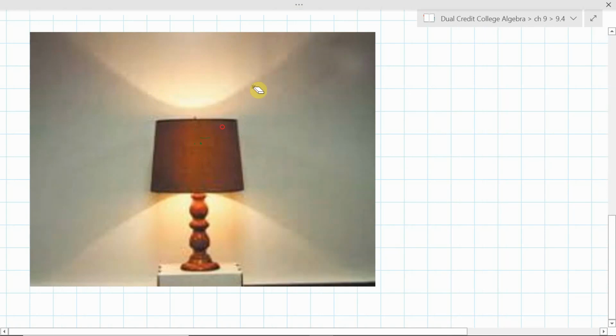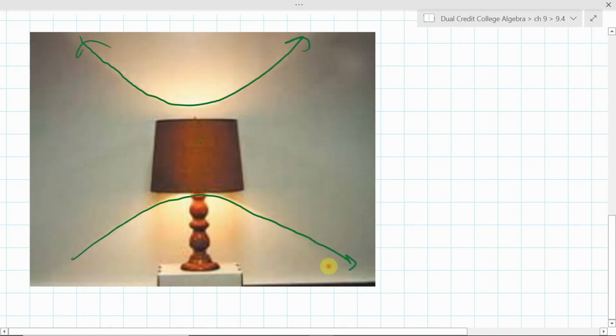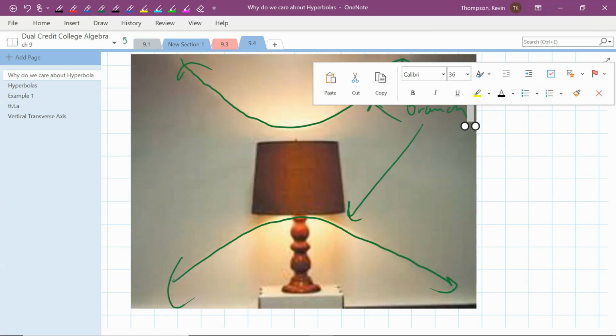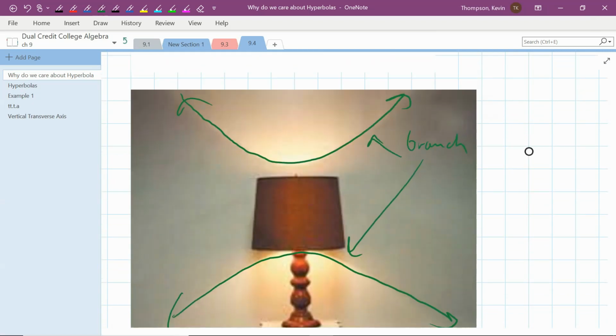Because of that, the way the light hits the wall is going to follow these hyperbolic paths. And what's different about this one is you actually get both branches of the hyperbola. I think I used this language before, that there's a branch, two pieces. That's why this isn't a parabola. There are two pieces to it. Okay. There's plenty more.